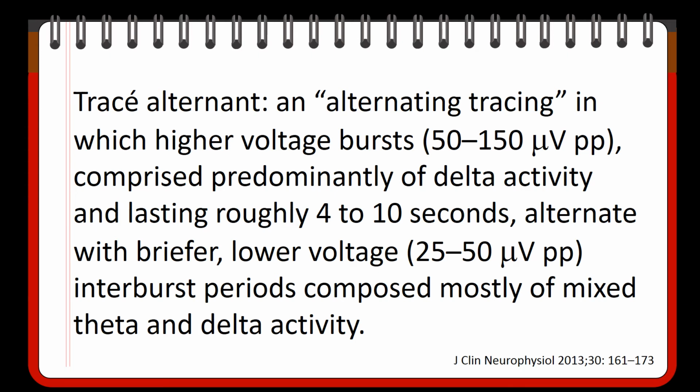Another definition of tracé alternant is very similar but adds that the duration of the burst should be 4 to 10 seconds, and describes the interburst interval activity as consisting of theta and delta waves.